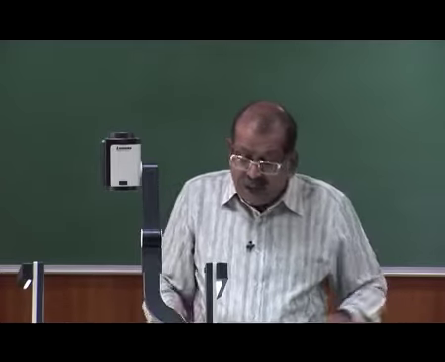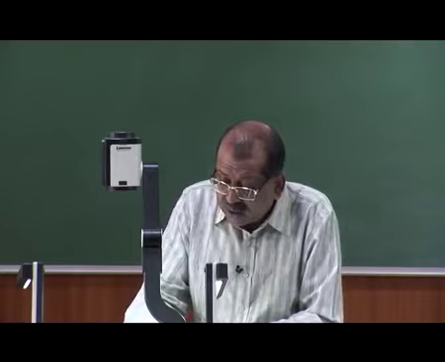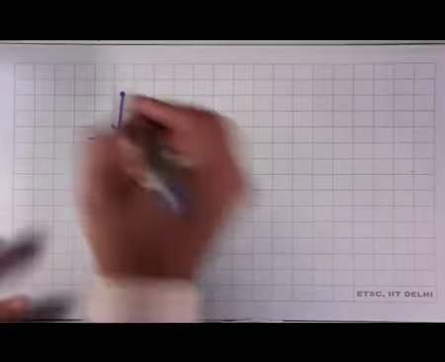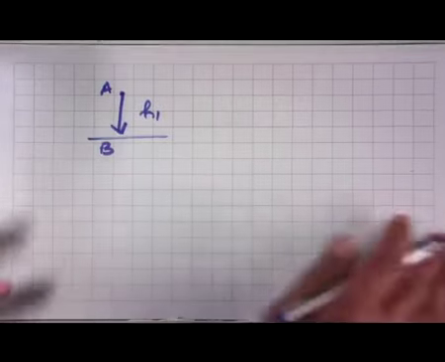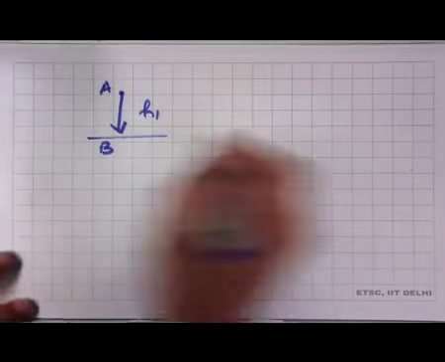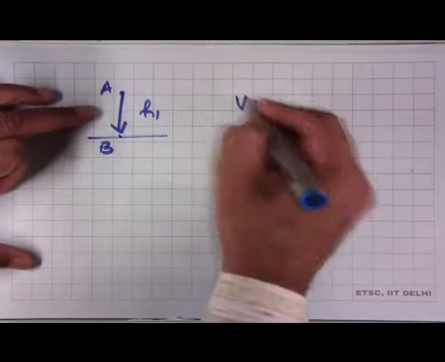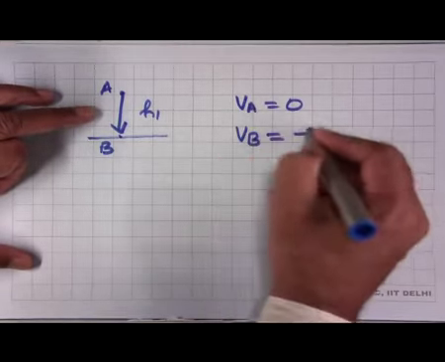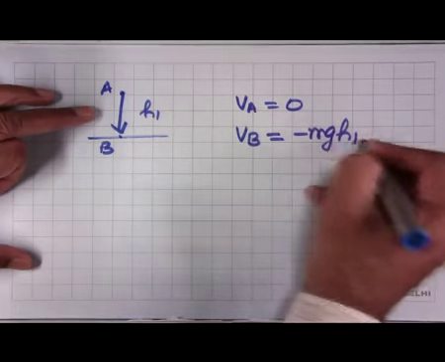And if we move down, if this is h1, this is A, this is B, then if Va is equal to 0, then Vb will be minus mg times h1.